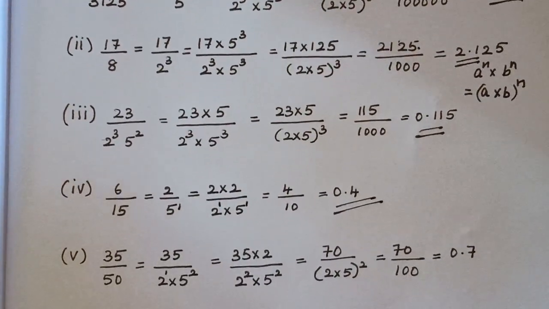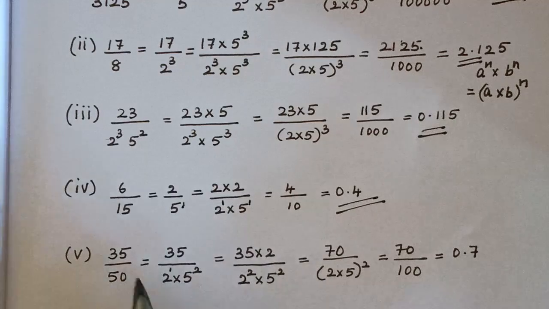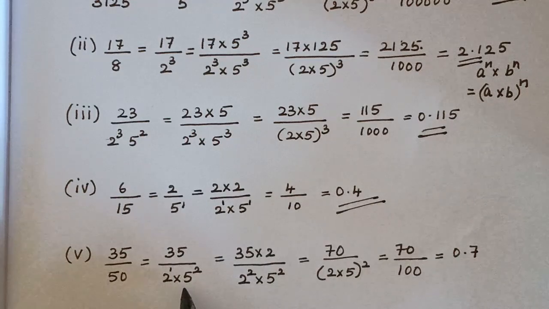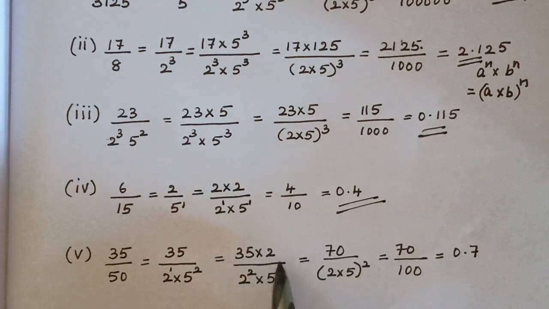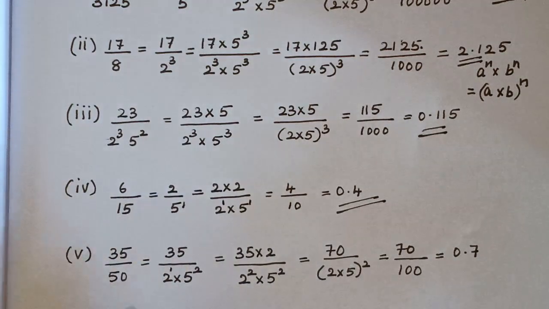Shall we see one more? 35 by 50. 35 by 50 we can write as 35 by 2 raised to 1 into 5 squared, which is equal to 35 into 2 by 2 squared into 5 squared. I hope now you understood why we multiplied with 2. Because the power of 5 is 2. Don't take the least power, take the highest power. That is 2.